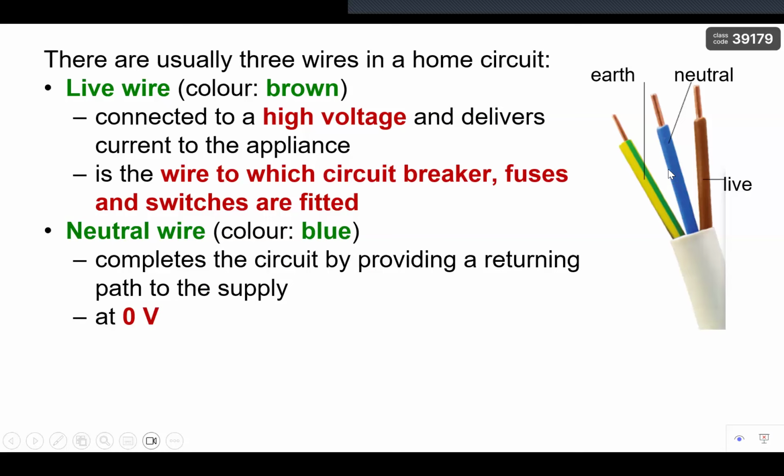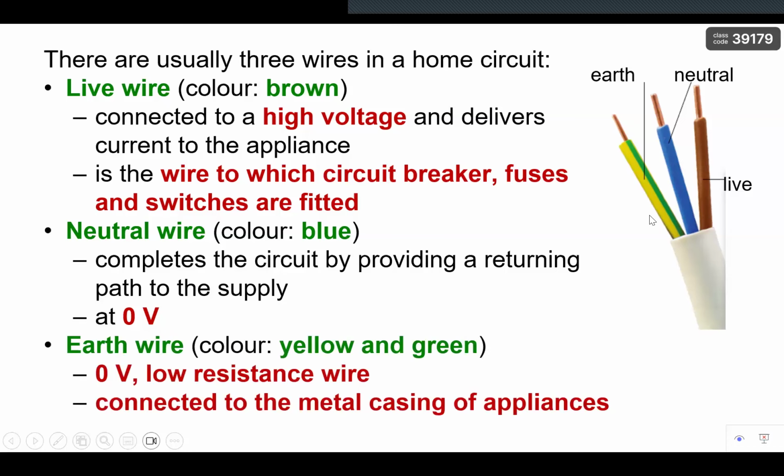Okay, the neutral wire simply provides a returning path. So you have a live wire that brings electricity to the appliances, and then the electricity needs to go back to the main socket. Okay, so it goes back to the main socket via the neutral wire, and all the energy is already used up by the appliances. So there's 0 volts in the neutral wire.